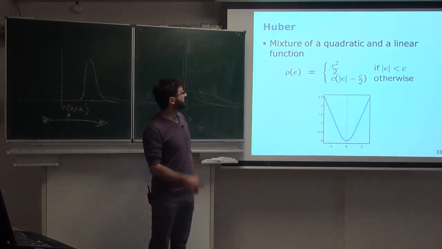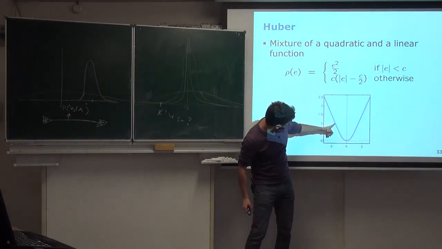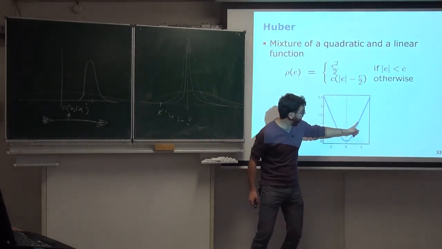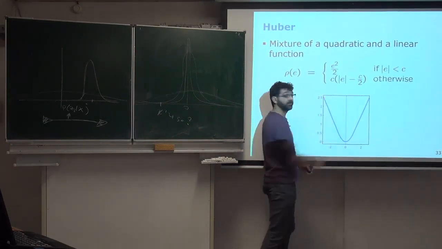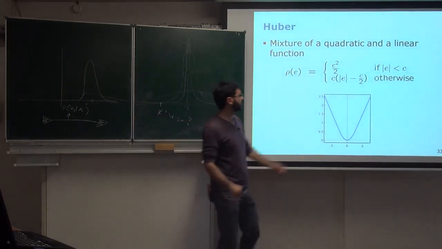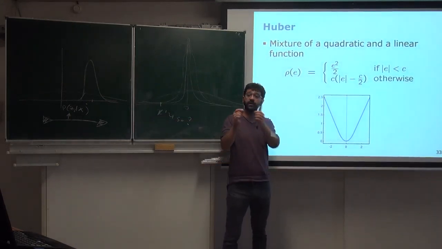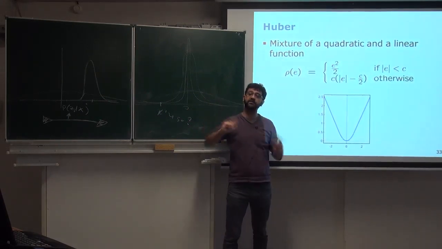So here is Huber, and I don't know if you can really see it, but it is square up to here, and then it just goes straight. While if you wanted to do a square, this would go up here very quickly. And this is quite good if your outliers are not too big. So you can have an outlier, but the mistake is not too big.